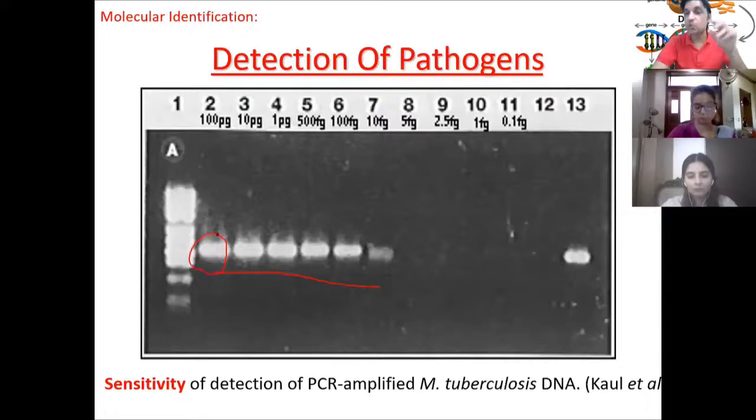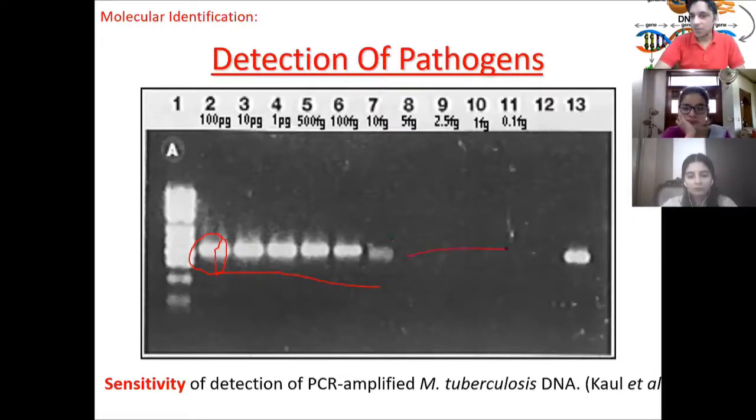This is an example of tuberculosis bacterial DNA, but let us suppose this came from an RNA genome. This is not an example from RNA. If more RNA is there, the PCR amplification will produce a lot of PCR product, and that is an indication of the viral load. A lot of virus is there.